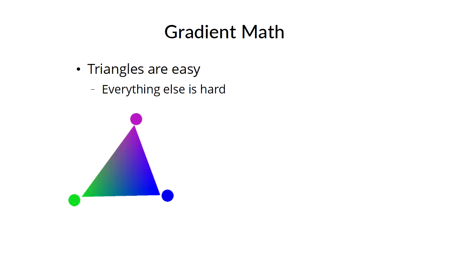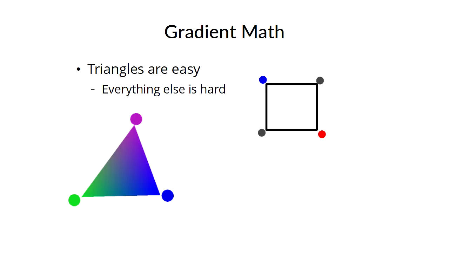But once you go to shapes with more than 3 sides, everything falls apart right away. There's no easy, consistent way to calculate the colors in the middle of those shapes. Intuitively, you might think, oh, we know how to do gradients on triangles, why don't we just break up more complex shapes into triangles and do gradients on those triangles? But that doesn't work. Consider just a square with different colors on the corners.